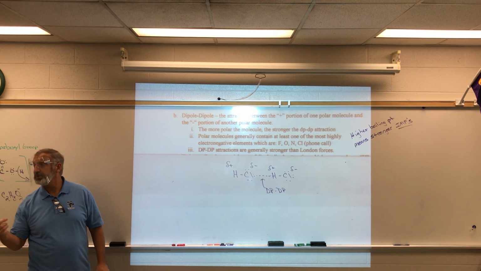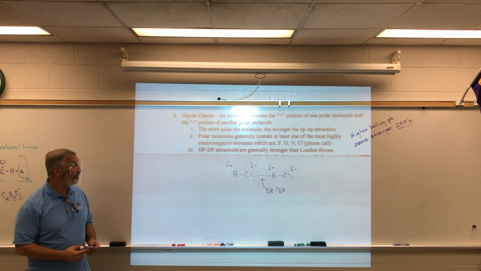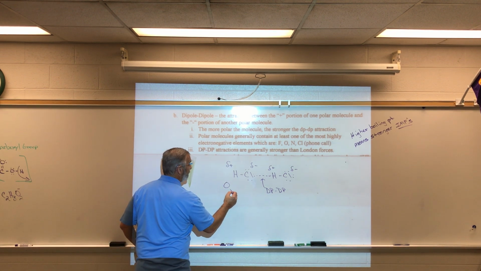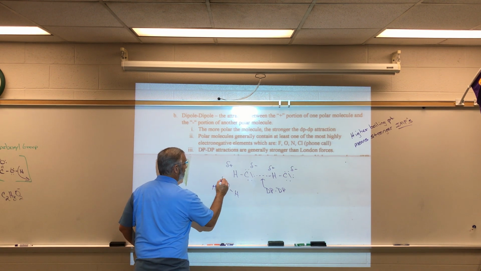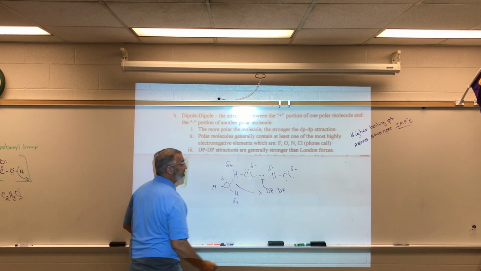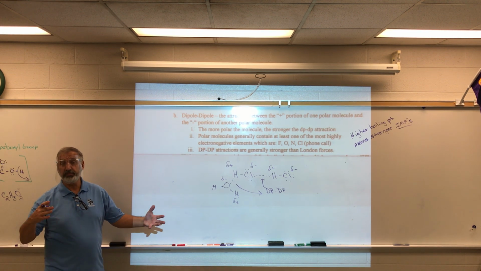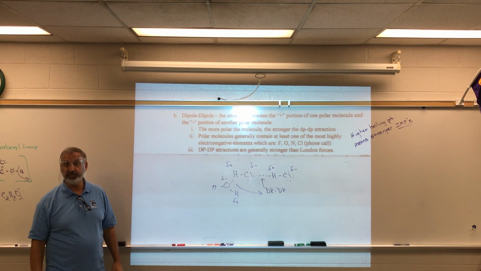The positive end of one is attracted to the negative end of the other. They don't have to be the same molecules. If water was to come in here with its negative and its positive, that's a dipole-dipole attraction. Okay? So with any polar molecules, the positive end of one is attracted to the negative end of the other.